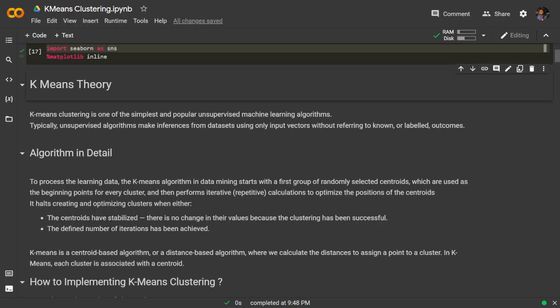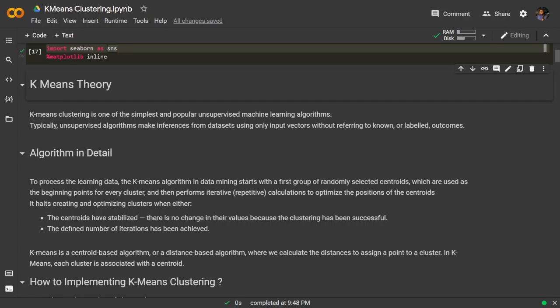Now we have to set a hyperparameter of the number of clusters, and then the k-means algorithm performs an iterative calculation to optimize the position of the centroid and then halts the process after creating optimized clusters. The optimized clusters are said to have been created when the centroids have stabilized around a region or the number of proposed iterations of the model has been achieved.